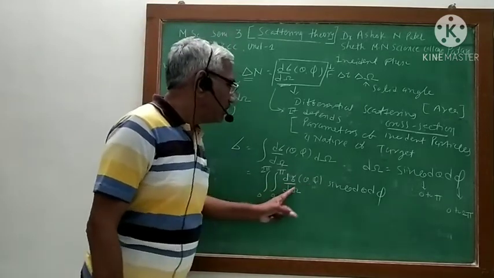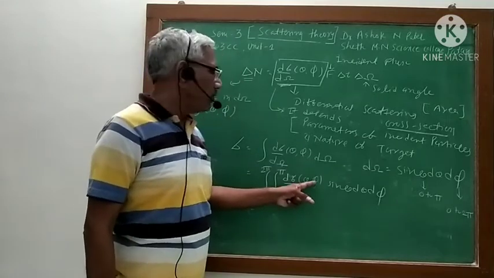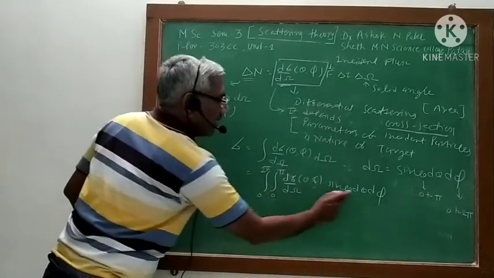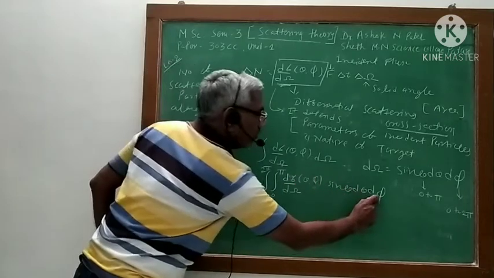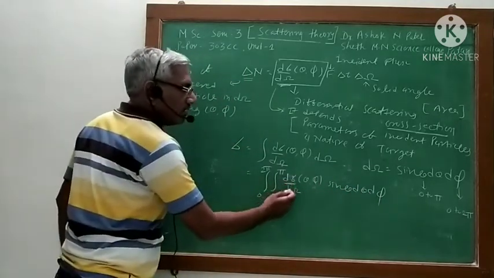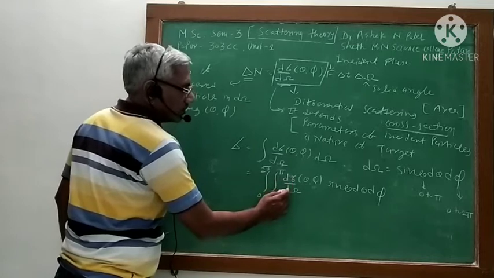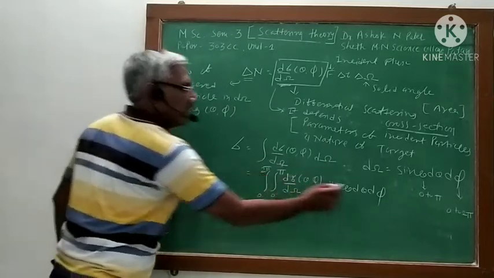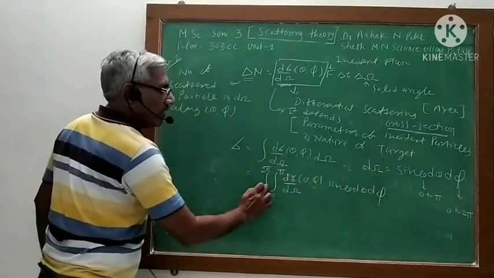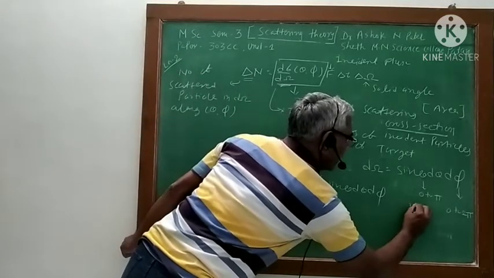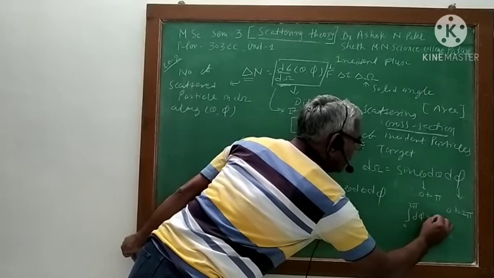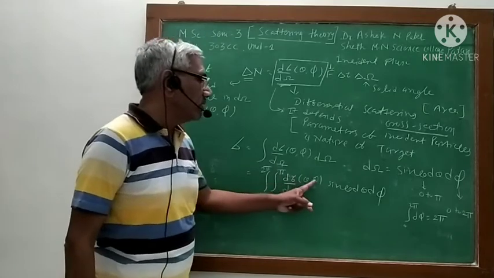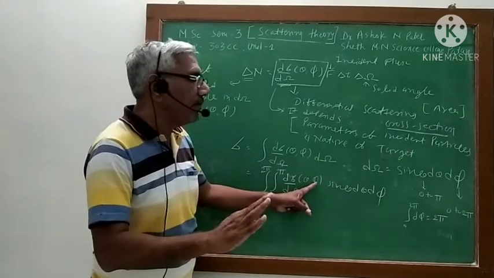So you can take the phi integration outside. The integral of d phi from 0 to 2 pi is nothing but 2 pi, because in our case the differential scattering cross section is independent of phi.